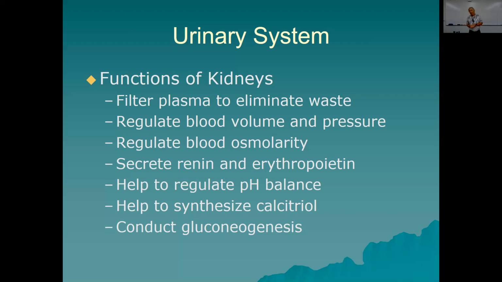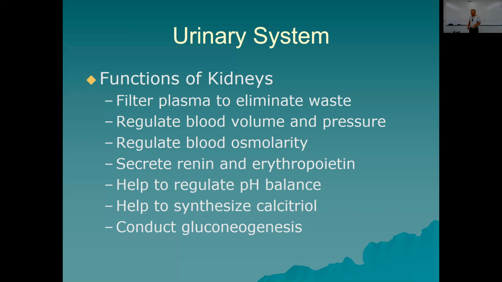Helps to synthesize calcitriol. It's also known as vitamin D. So vitamin D has a really complex synthetic pathway, starting with the skin and UV radiation, and then going on to the liver and kidneys to finally making vitamin D. And of course, the kidneys have an effect on blood calcium regulation.